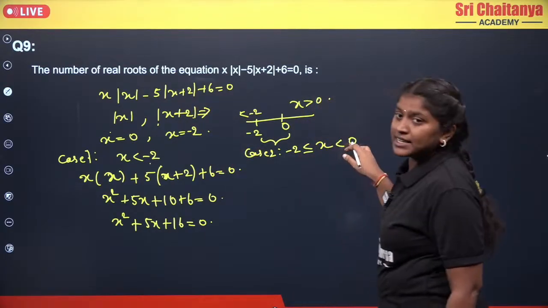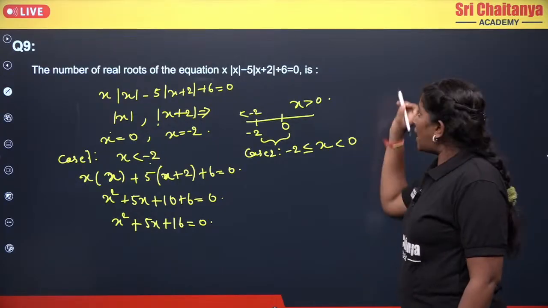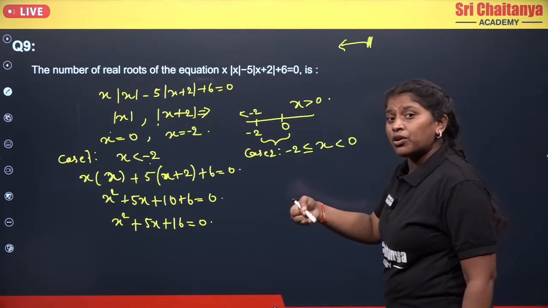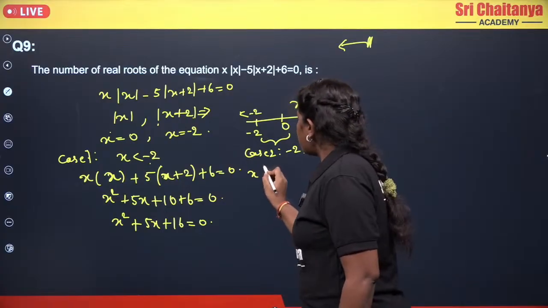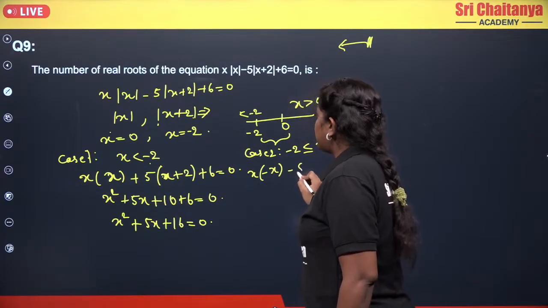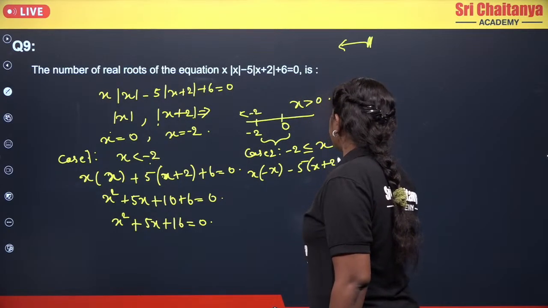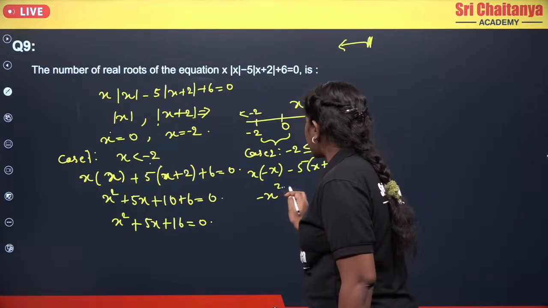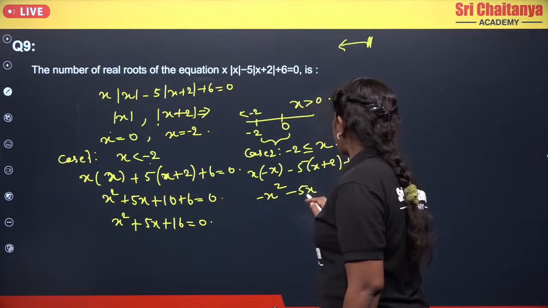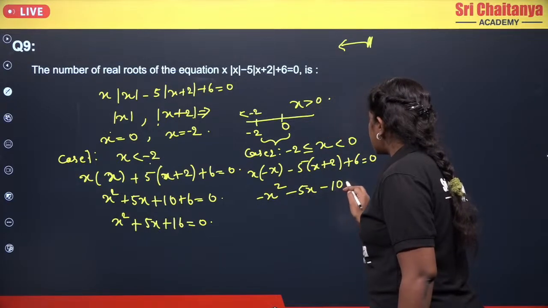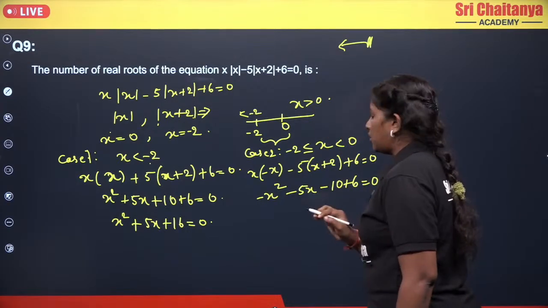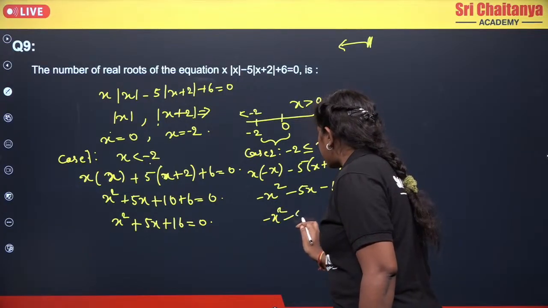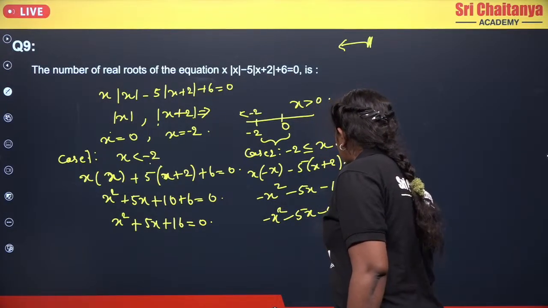But here x is less than 0, our limit is the 0, but it is less than the value, so it will become negative. So here it will be minus x into 5 into x plus 2 plus 6 equals to 0. Now it was minus x square minus 5x minus 10 plus 6 equals to 0. Okay. So now it will be minus x square minus 5x minus 4 equals to 0.